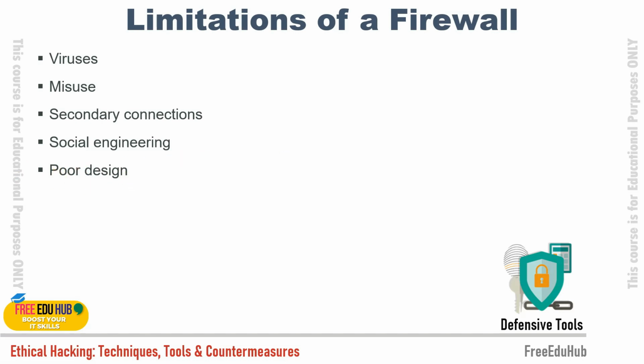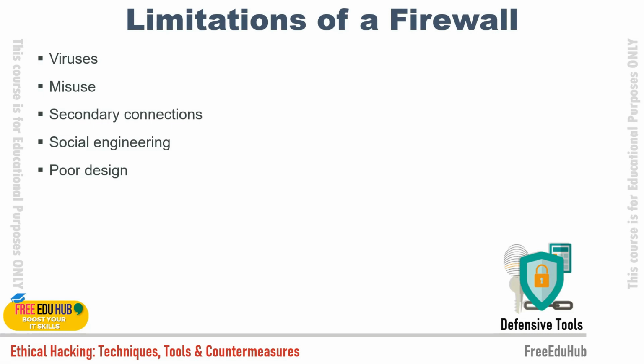If a firewall is poorly designed or implemented without proper consideration of security policies and practices, it may have vulnerabilities or gaps in its protection, rendering it less effective. To mitigate these limitations, organizations should implement comprehensive security measures that encompass multiple layers of defense, including firewalls, antivirus solutions, employee education, and adherence to security policies and practices.